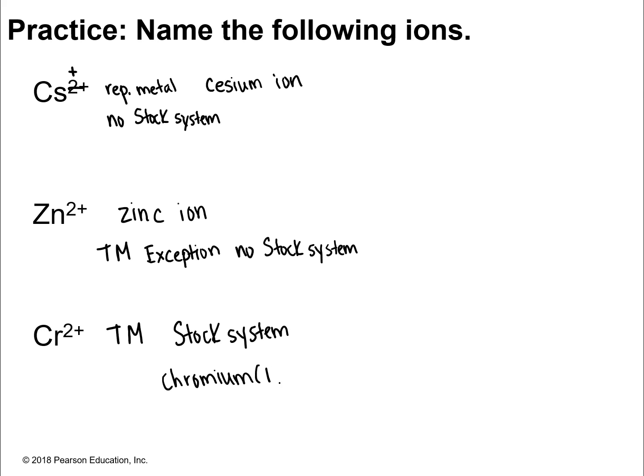So you put the 2 in parentheses after chromium and then write the word ion. So that's some practice naming cations. How do we feel about these?